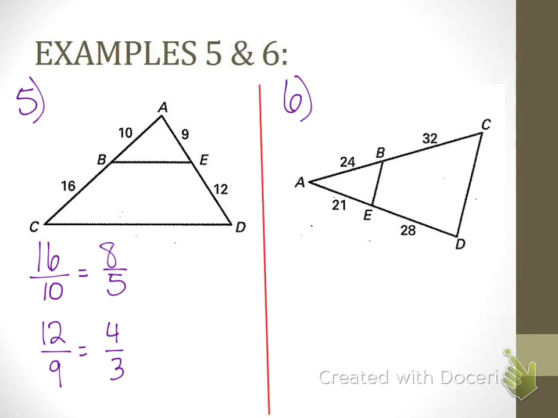So, are these proportionally divided? No, which means it doesn't matter what they look like in the picture. Those are not parallel sides. So you could say that BE is not parallel to CD. You could just put a no if the question is, is BE parallel to CD?